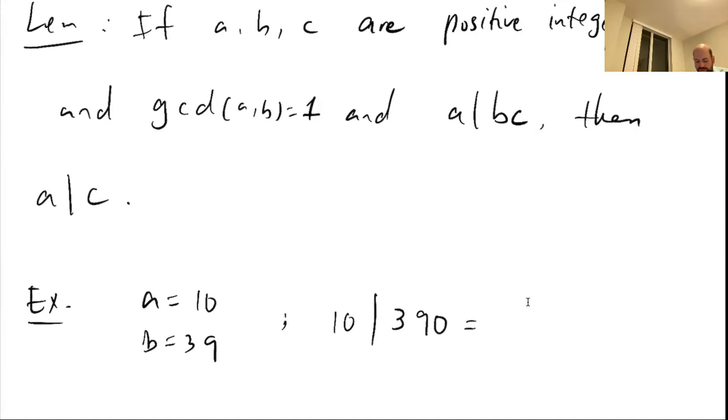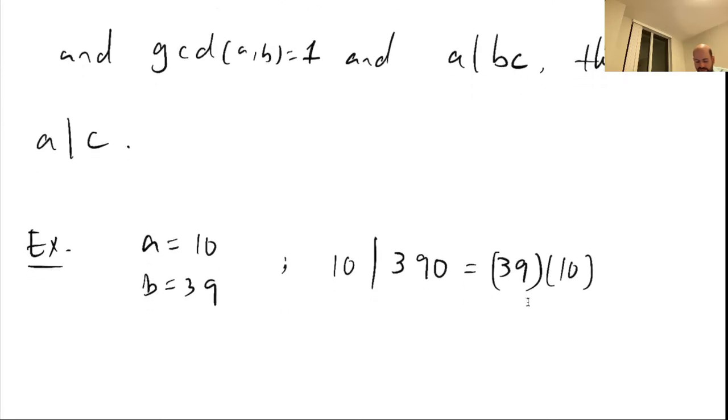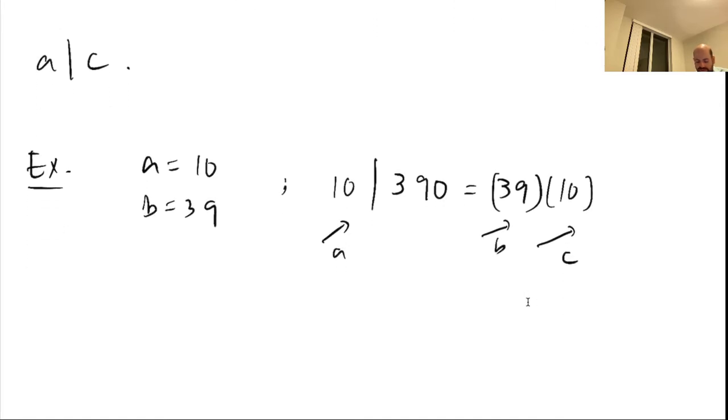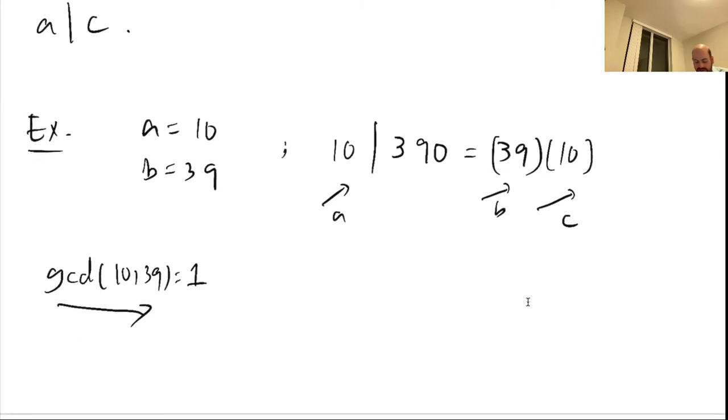Here 390 means 39 times 10. So this is my A, this is my B, and my C is also 10. Now the lemma says if A and B are relatively prime, meaning the GCD of 10 and 39 is 1, which is the case in this example, then A divides C. So 10 divides 10, which is true. So if A divides BC, and A and B are relatively prime, then A divides C.